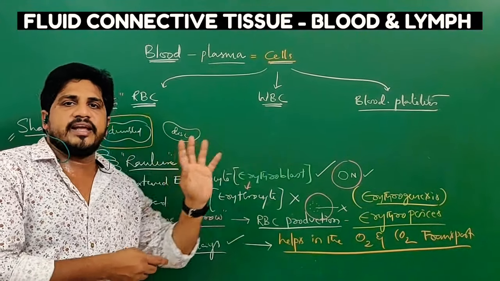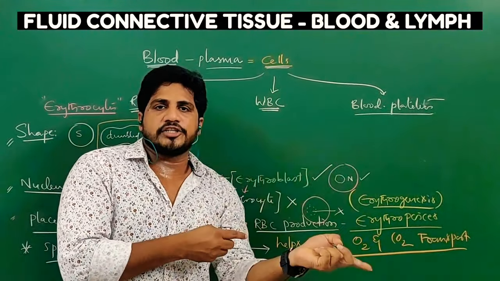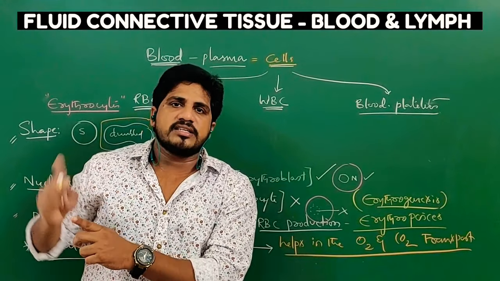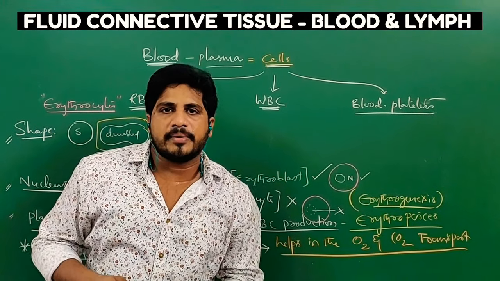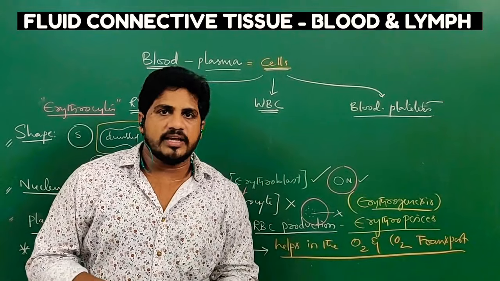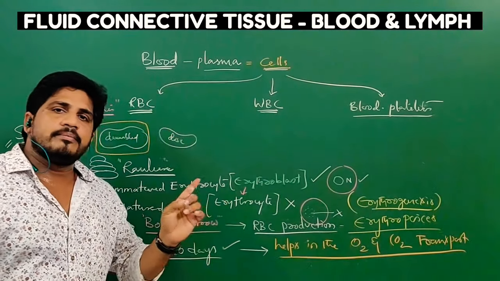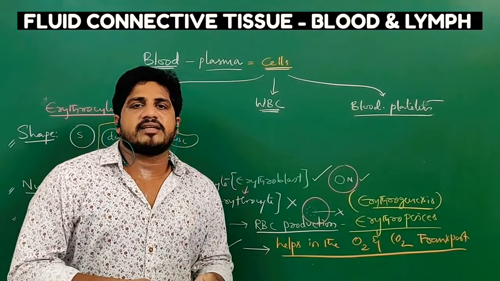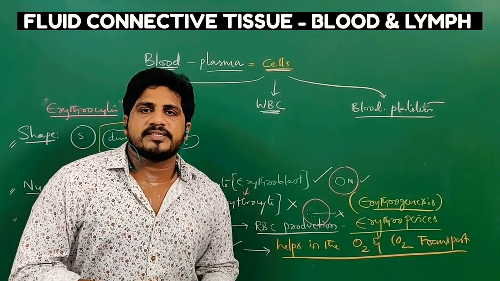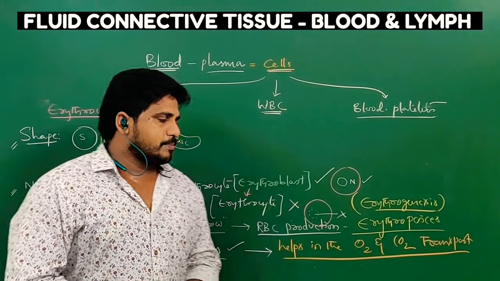The RBC receives carbon dioxide at the tissue and releases it in the lungs. In the exhalation process, the carbon dioxide goes out. That is a further discussion. This is how erythrocytes participate in both oxygen and carbon dioxide transport.